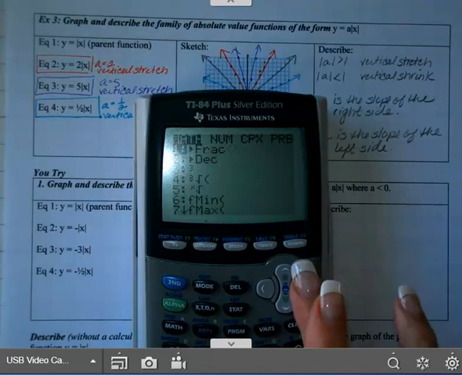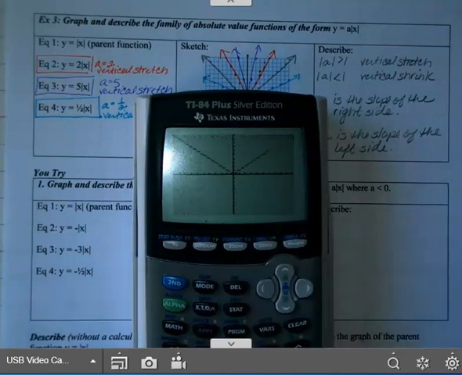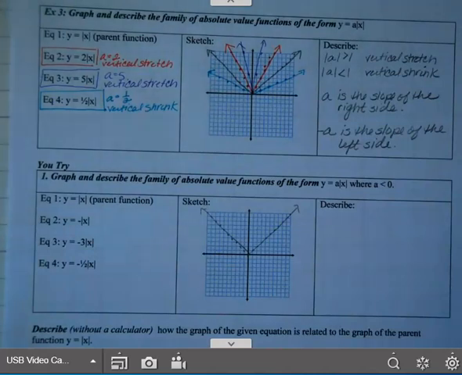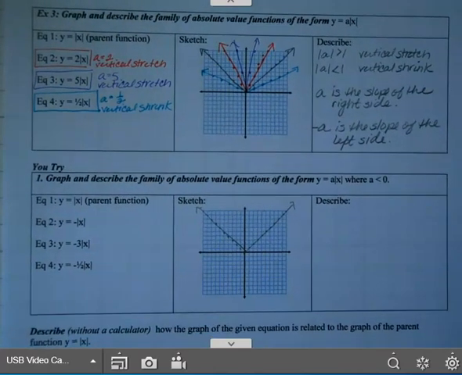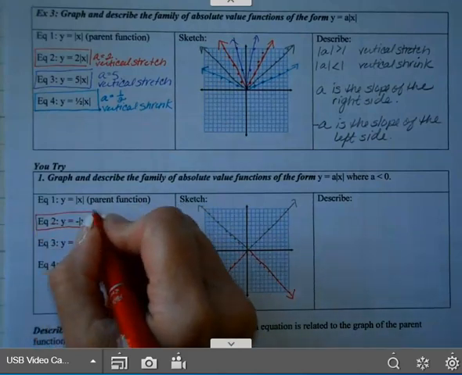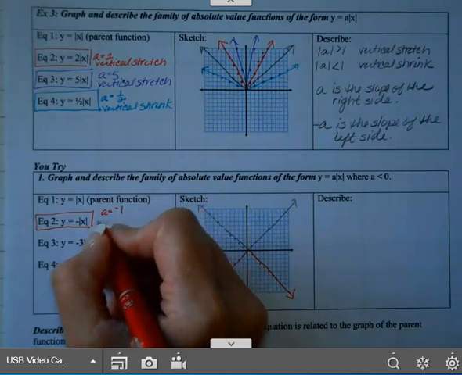Go to math, over to number, absolute value, x. There's my parent. And then my new one, it's the same shape. It just reflected over the x-axis. So it's now upside down. Let's go ahead and graph that one. So A in this case was -1. And it reflects over the x-axis.